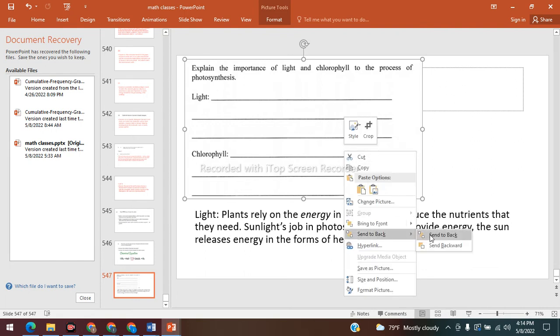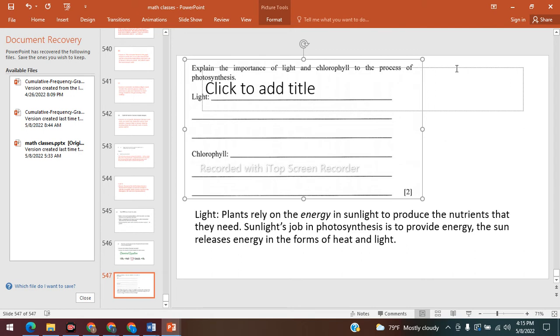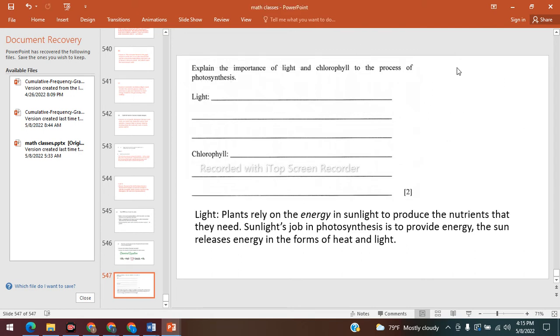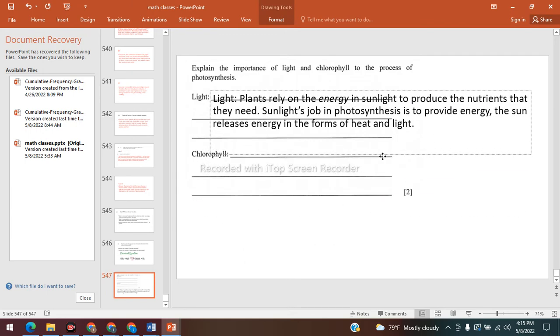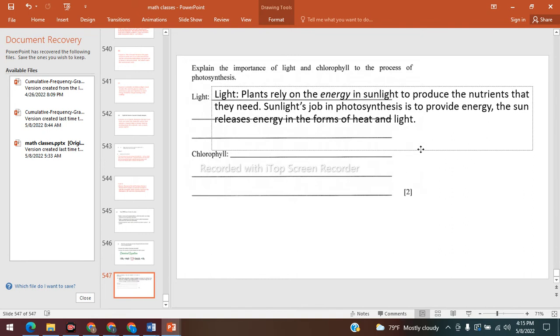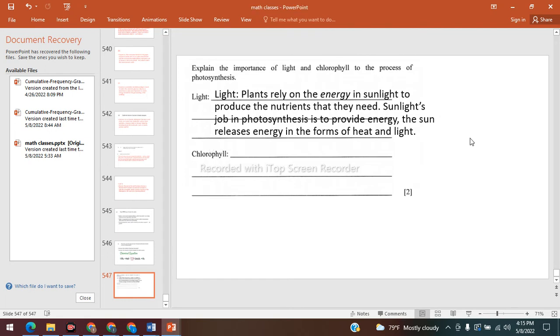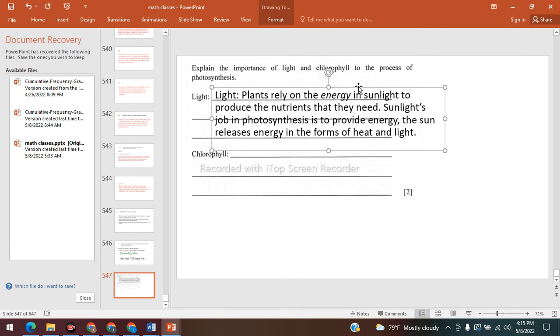It's a 1 point question, so this wouldn't be 3 points, it's still one, because I basically said the same thing in a different way.